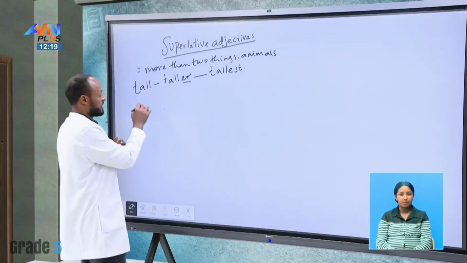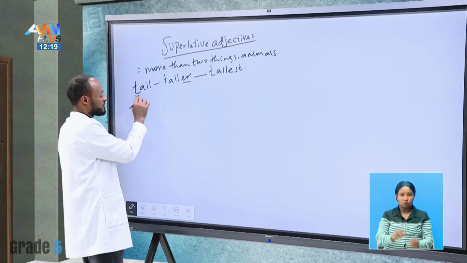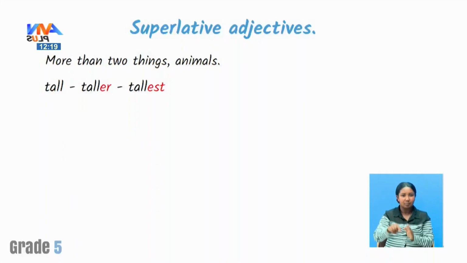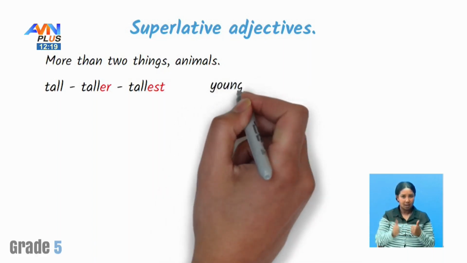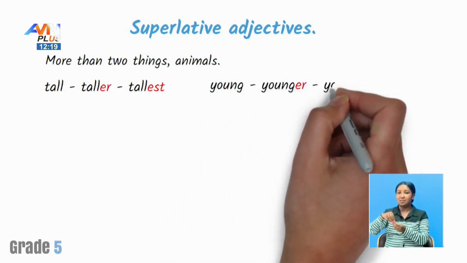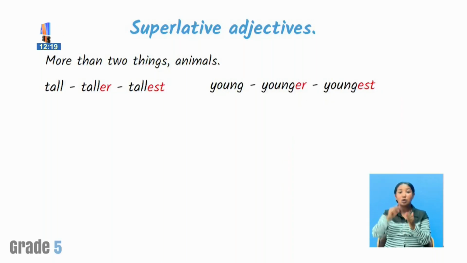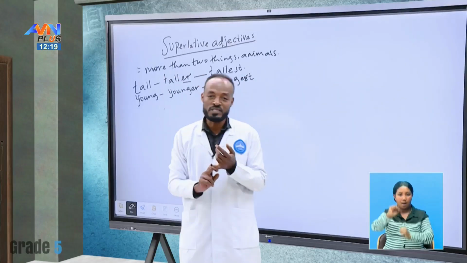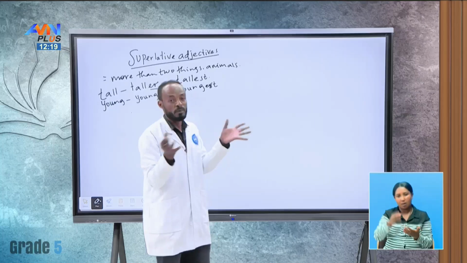Here, young, younger. What about the superlative form? Youngest, if you are comparing more than two persons, more than two things, or more than two animals and something else.